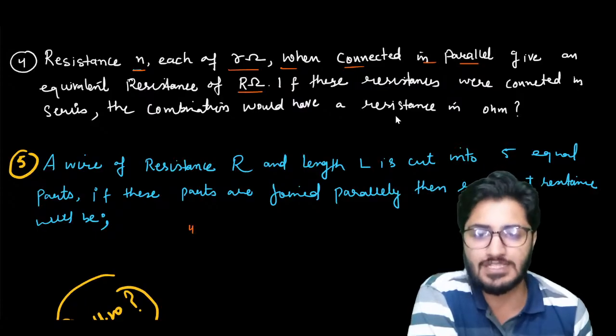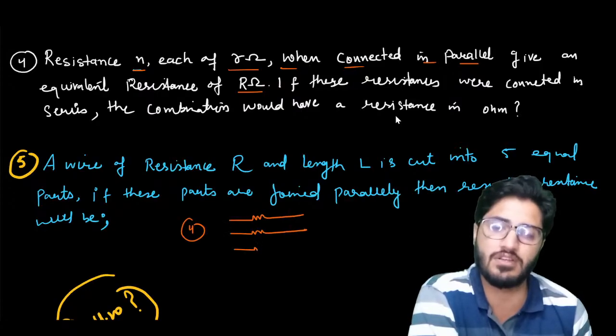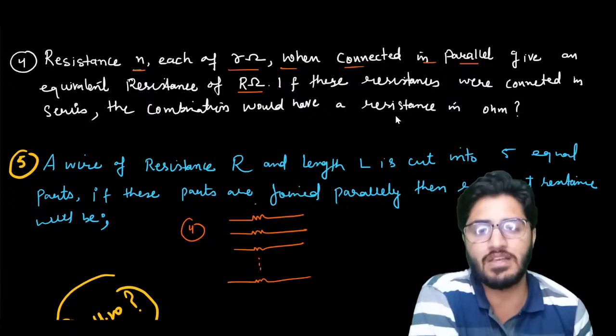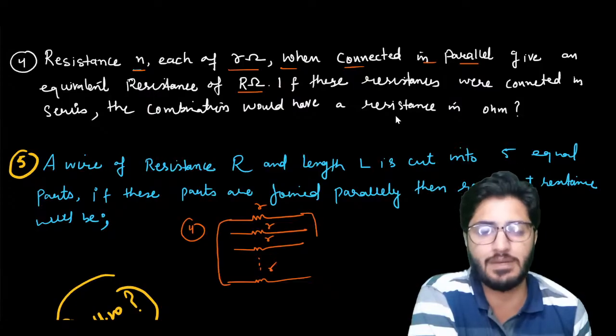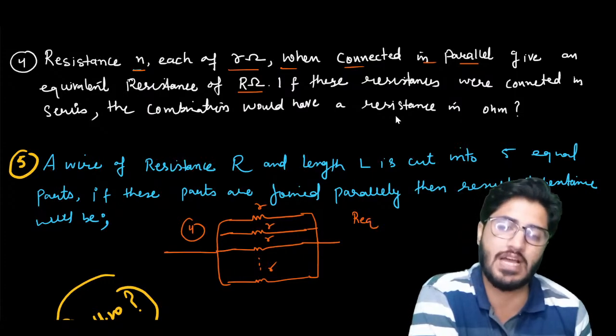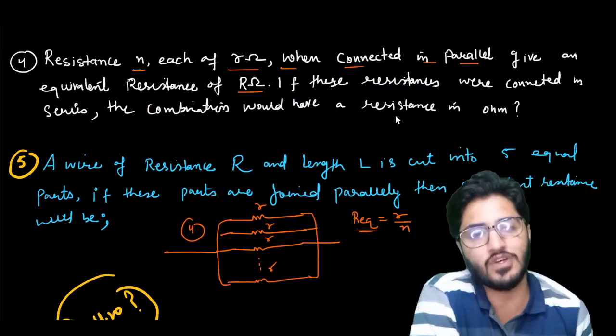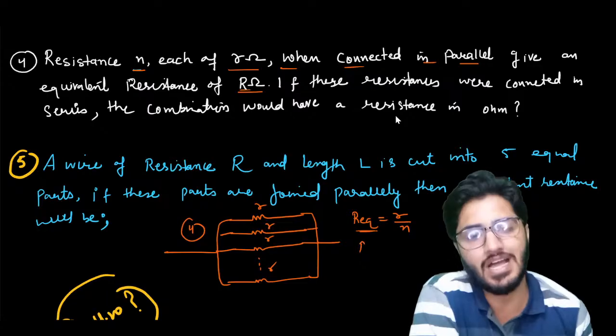It simply indicates that we have n resistors: one resistor, second resistor, third, up to n resistor, each having value R. If we join them in parallel, we know that their R equivalent will be R by N. And this equivalent is given to us as small r. So I will write r equals R by N, equation number first.